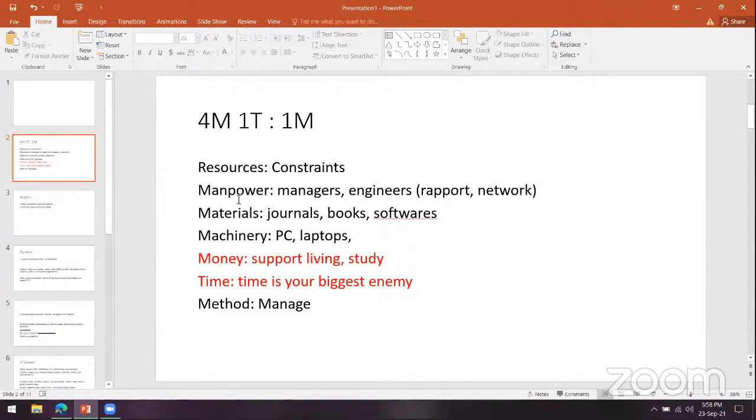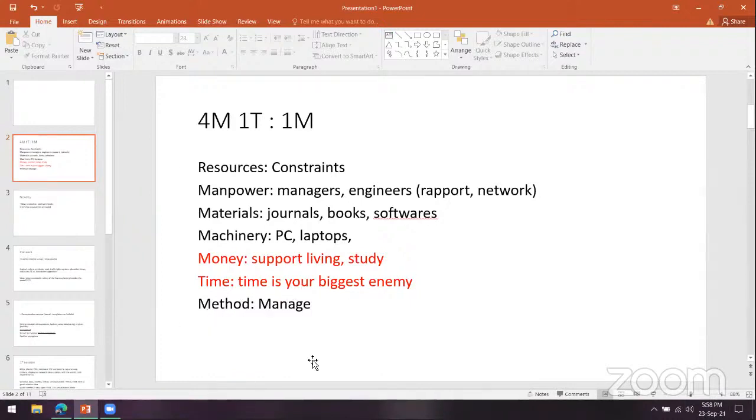So remember how you manage your manpower, how you utilize your materials, how you are going to have adequate machineries. Money is our concern, yes, and time is your biggest enemy. Remember, 1 year, 2 years, 3 years is not short at all.